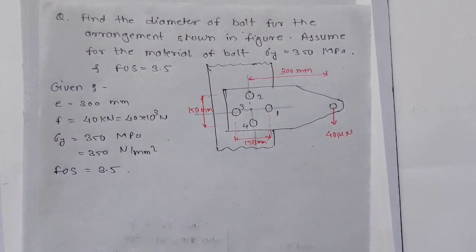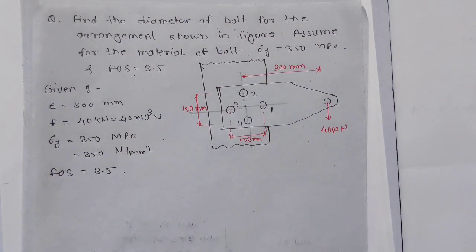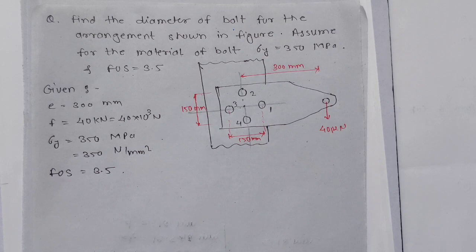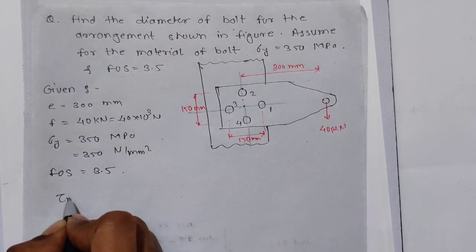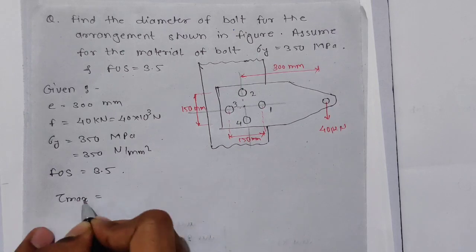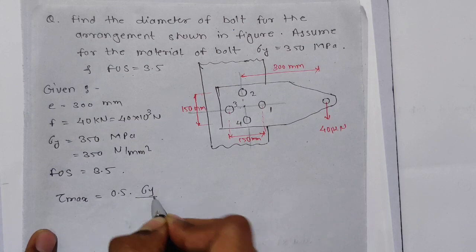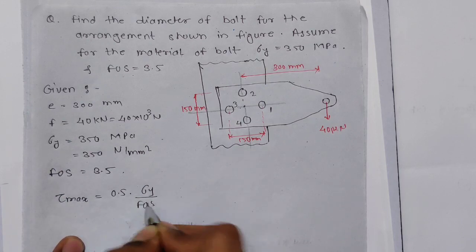So the first thing we are going to find: we know the sigma yield and the factor of safety, and we know the bolt material. For bolts we use ductile material, usually mild steel. For ductile material, which theory are we going to use? Maximum shear stress theory. According to it, tau max or tau permissible is 0.5 of sigma yield upon factor of safety.